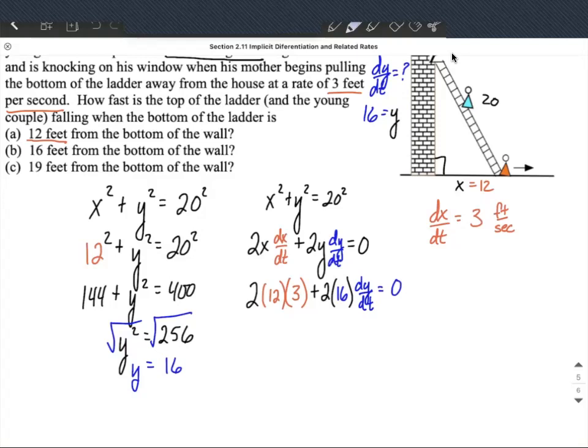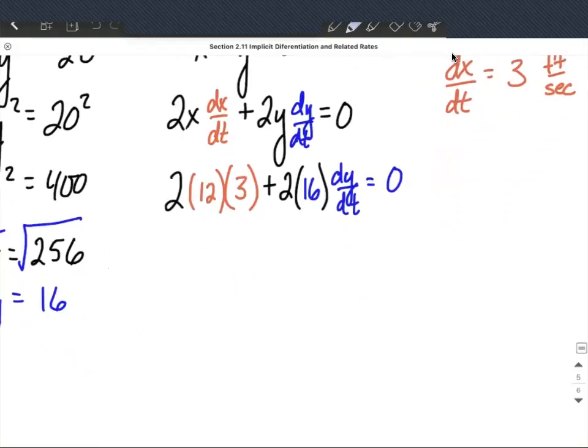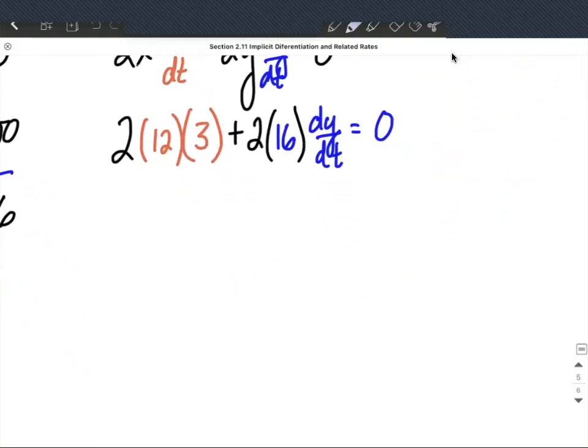So I see a bunch of numbers and dy/dt, so let's solve to get dy/dt by itself. First, we have 2 times 12 times 3, which works out to be 72. Plus 2 times 16 is 32, but we still have that dy/dt attached, equals 0.